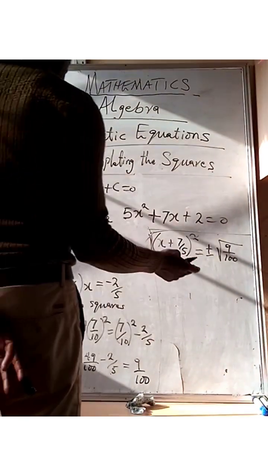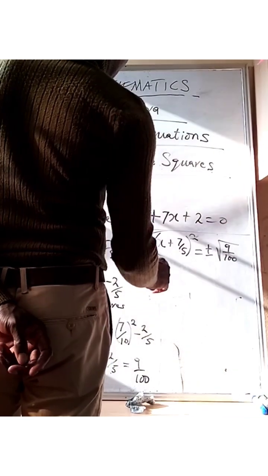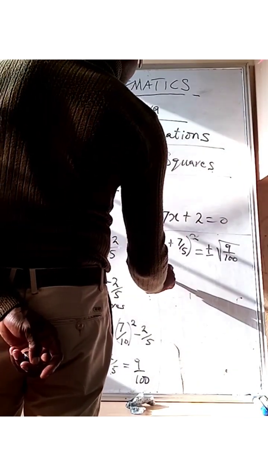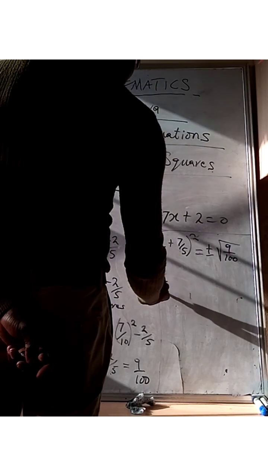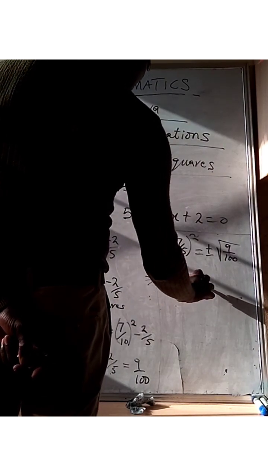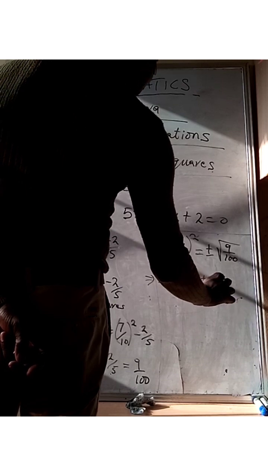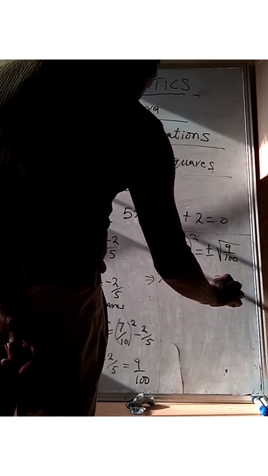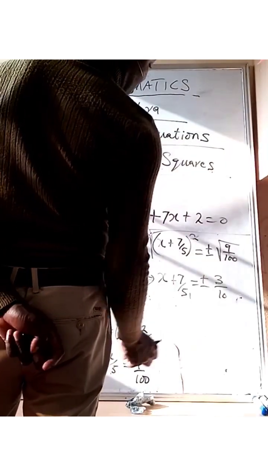Now, the good thing is that 9 is a perfect square and 100 is a perfect square. So if we take the square root, we are now going to be left with x plus 7 over 5 equals positive or negative 3 over 10. The square root of 9 is 3. The square root of 100 is 10.